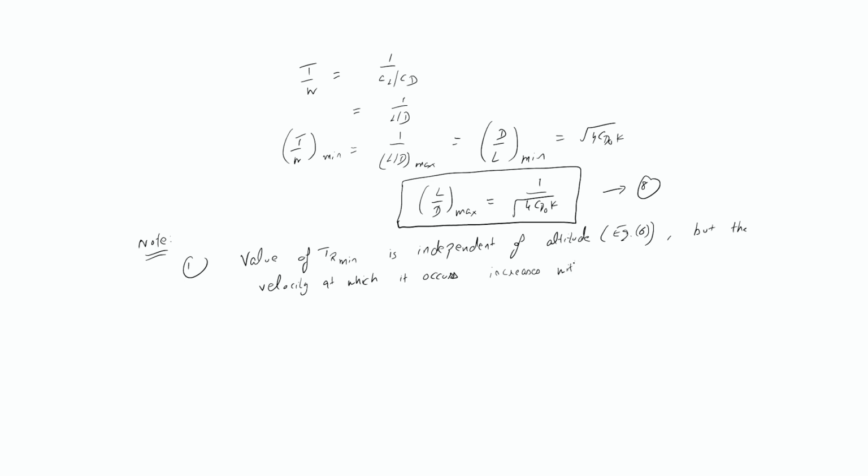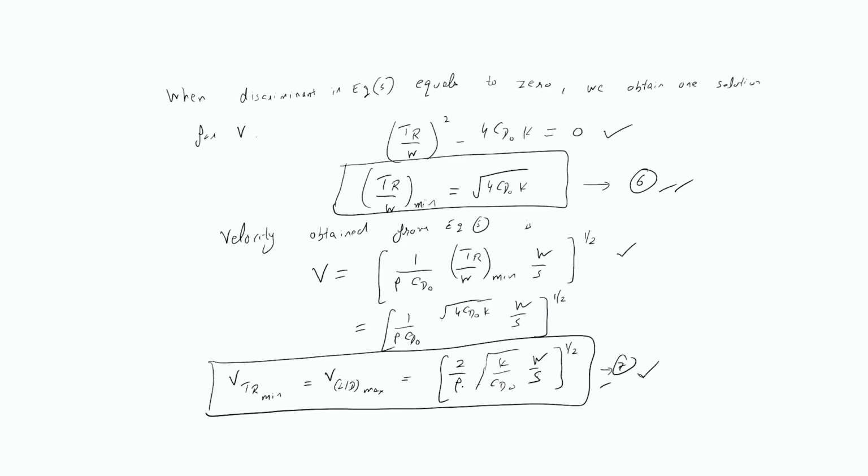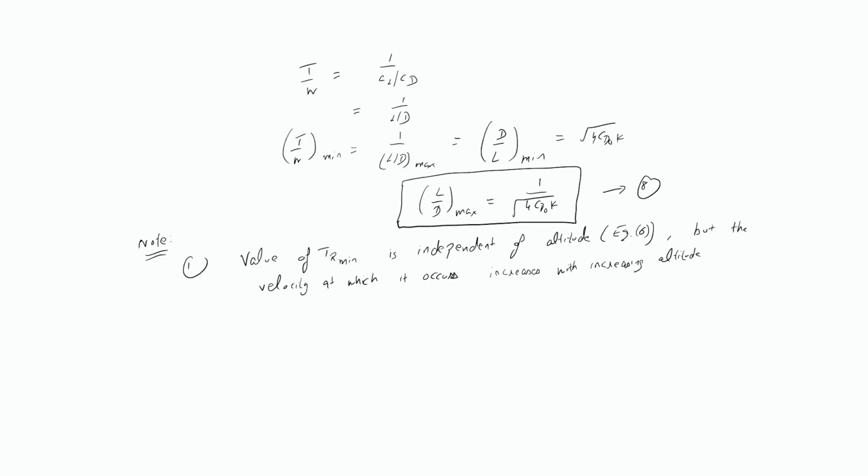Why does it increase? See the velocity over here. At higher altitudes, density becomes lower and then velocity increases. So the velocity at which it occurs increases with the increasing altitude.